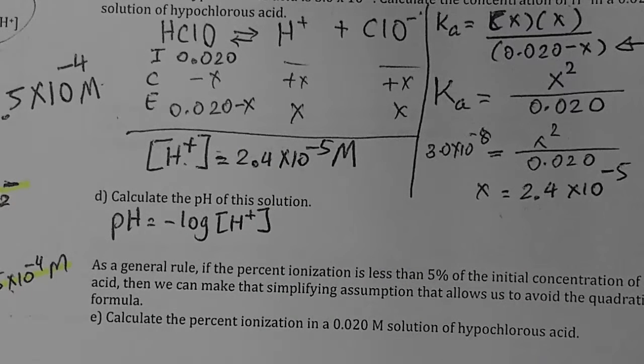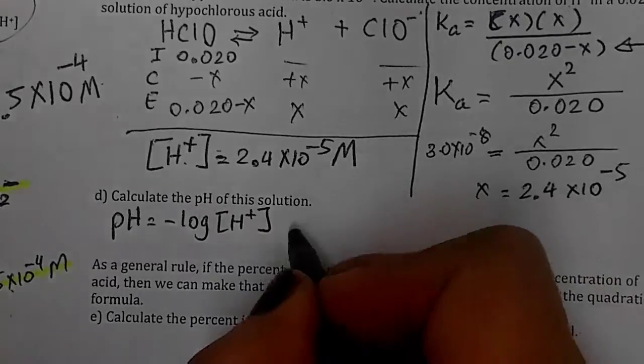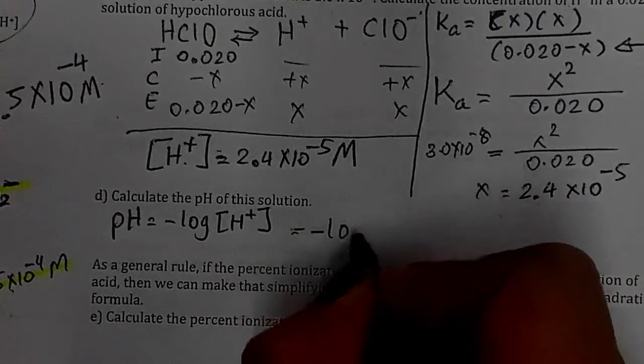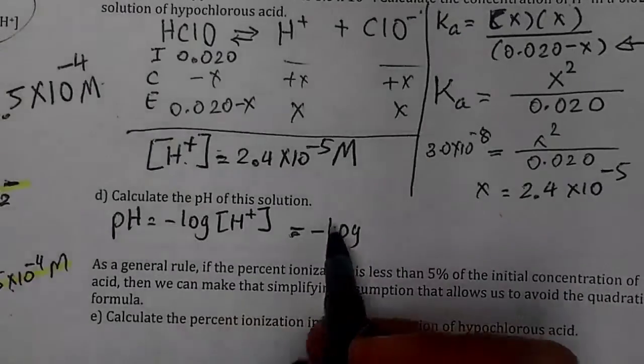In this case, pH is equal to 14 minus pOH, which is true, but I don't have a pOH, so you have to do pH equals negative log of H plus. Make sense? You have to check which one I give you. Also be careful, type negative.